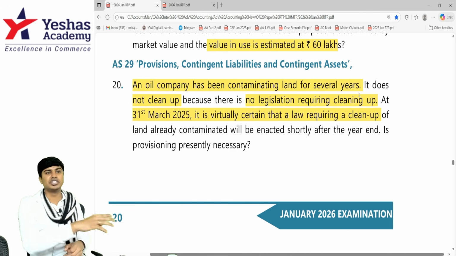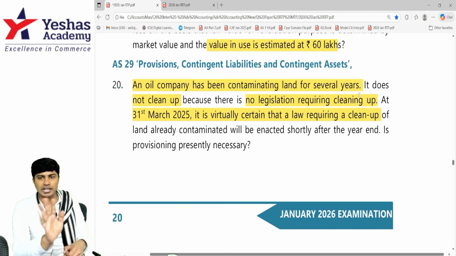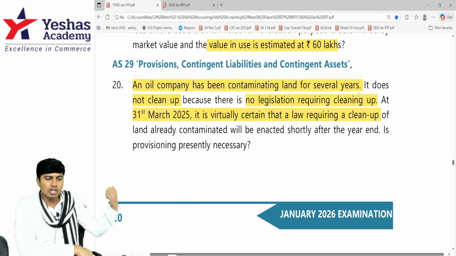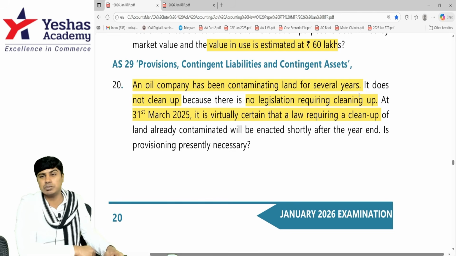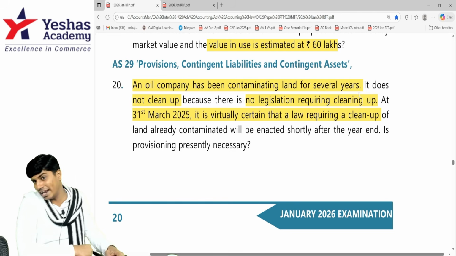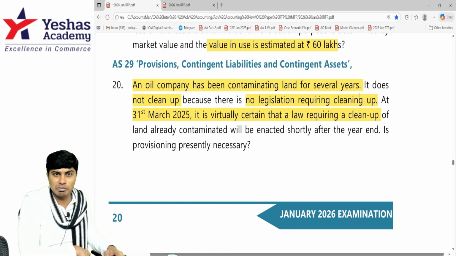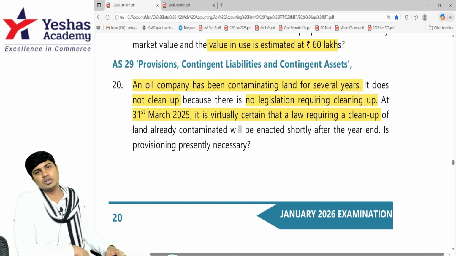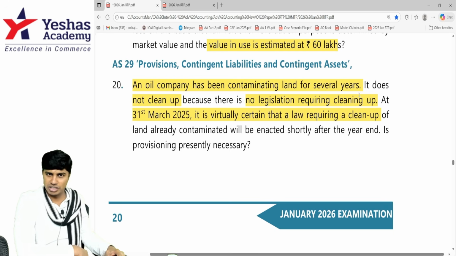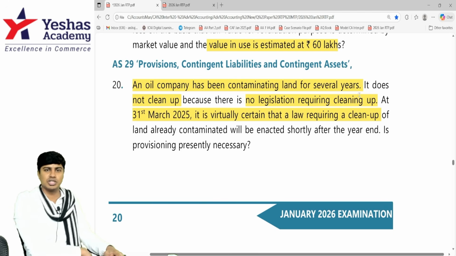You would have to create a provision, and it is not sufficient to only show a contingent liability. Is it a contingent liability? No, it is almost a provision. We have to create a provision for such expense that should be incurred to clean up the land for the damage that you've done to the land because of extracting oil over several years. That's the question on accounting standard 29, question number 20 from your RTP January 2026.